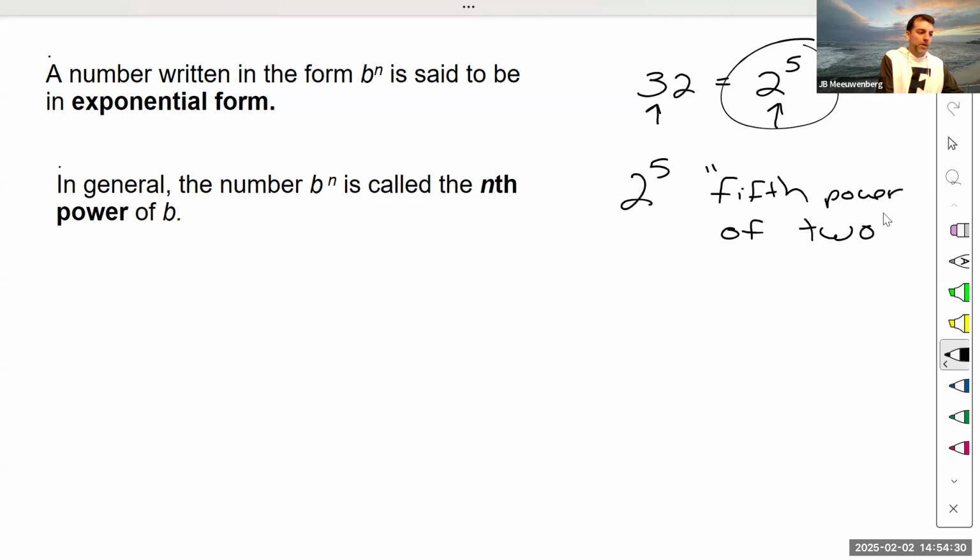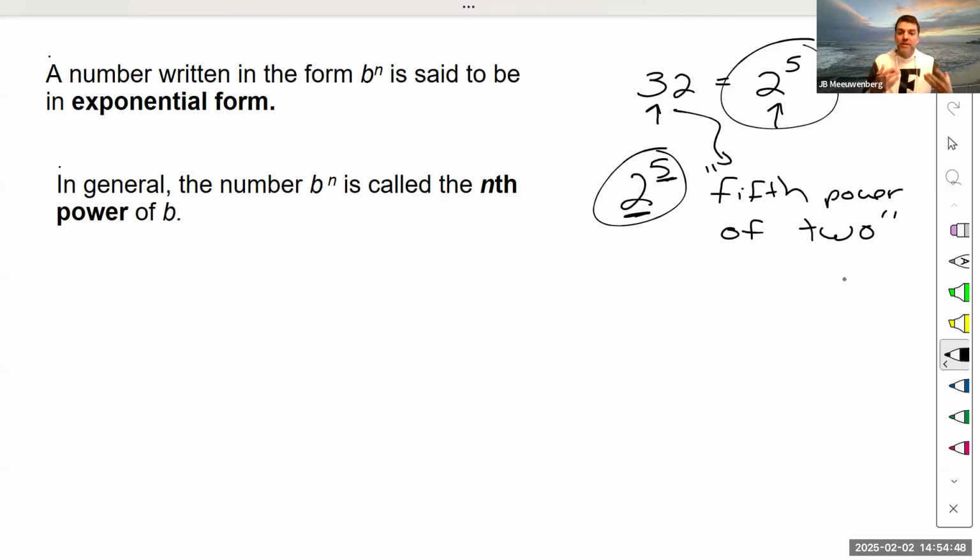Okay, so even we could say 32 is the 5th power of 2, right? And it's written in exponential form like this. So this is just some of the language that we often use in mathematics. The 5th power of the base 2.